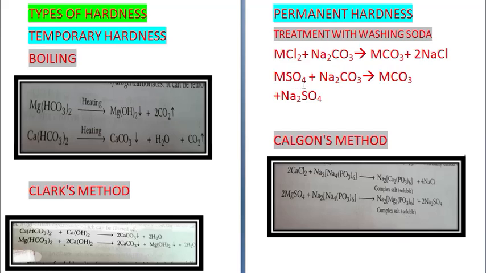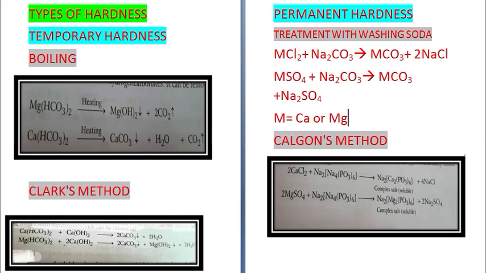Similarly, MSO4 plus Na2CO3 will give you MCO3 plus Na2SO4. And I've already told you what M is. In this case, M is equal to calcium or magnesium, because this is what causes the hardness of water and we have to remove this.